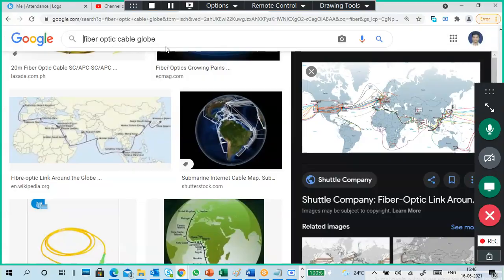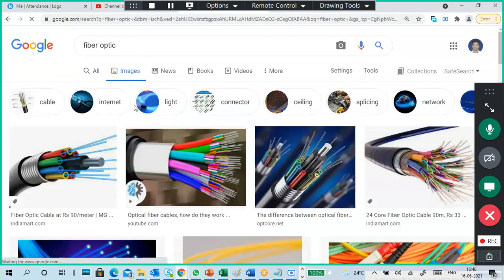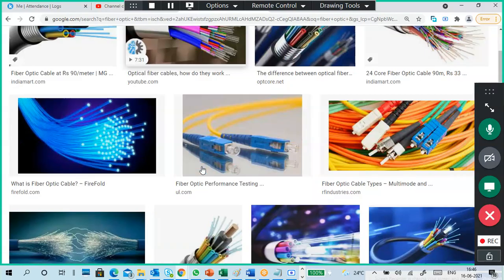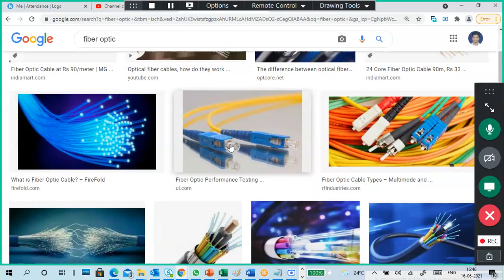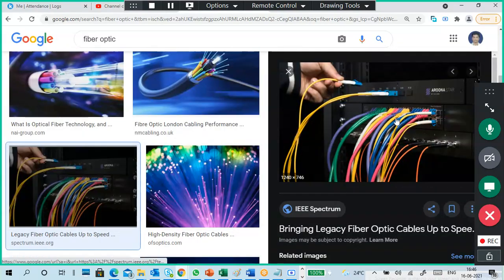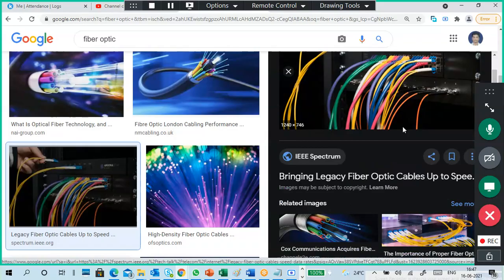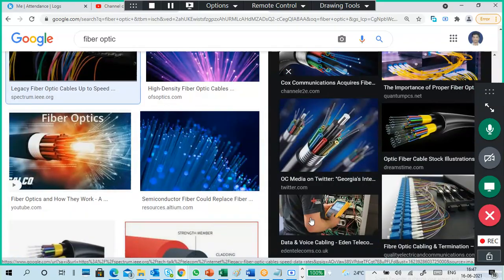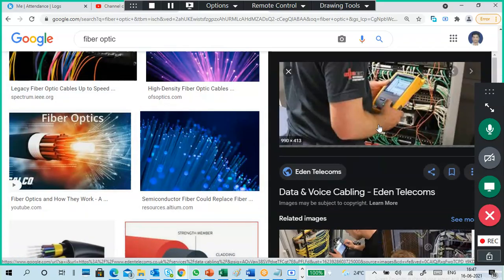So here I put a fiber optical picture instead of the globe. You can see what fiber optical looks like. These are the cables, different types are there. This is a data center. They use fiber optical to communicate between different devices like switches, routers and servers.